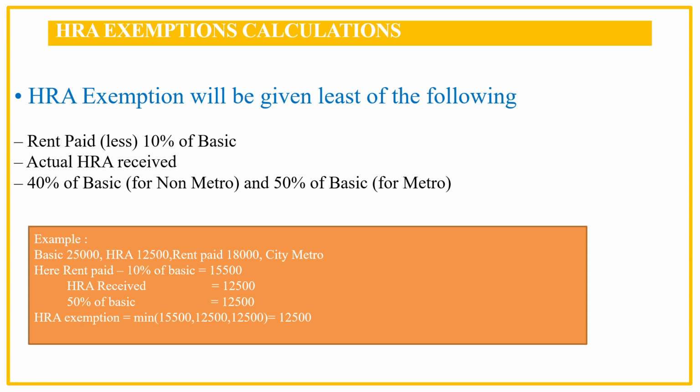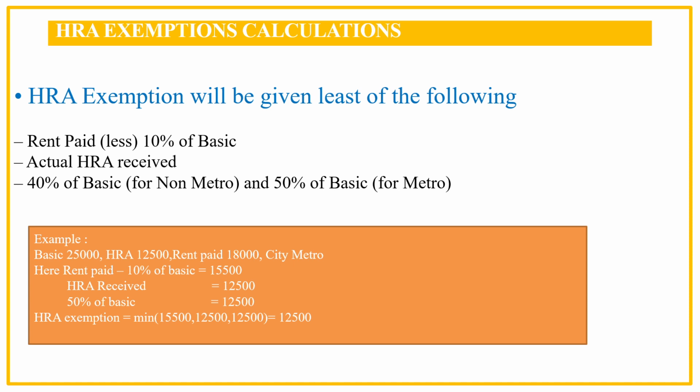For non-metro, 40% of basic. For metro cities, 50% of basic. For metro city, for this purpose, as per Income Tax Act, there are 4 cities only as of now: Delhi, Mumbai, Chennai and Kolkata. Let's see this exemption with an example now.